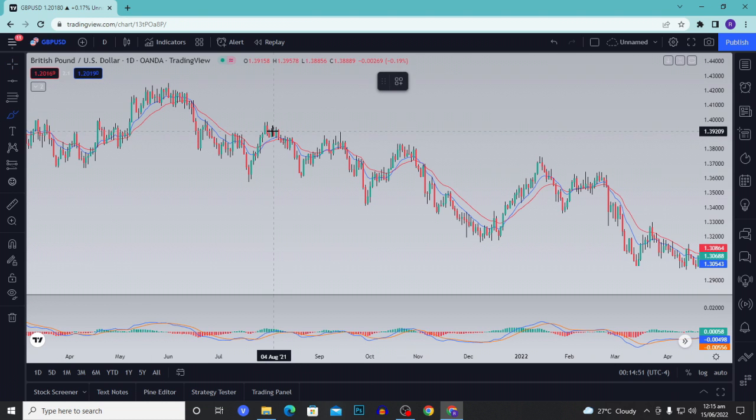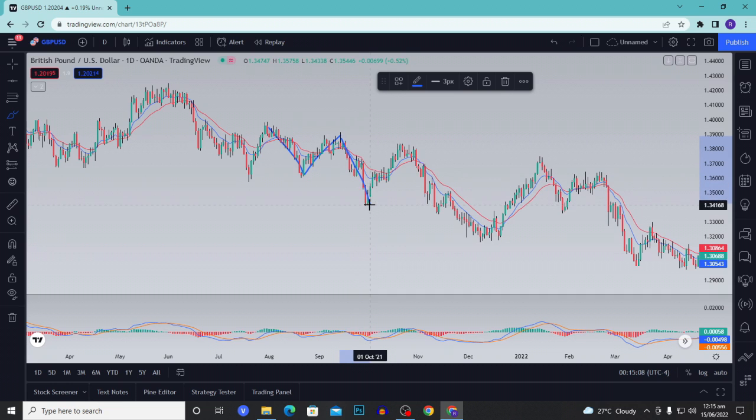You look for market structure. As you can see right here, price came down to form a low, came up to form a lower high, dropped down again all the way down here to form a lower low, came up again to form a lower high, and then dropped down, came up, dropped down. So this is our market structure right here.